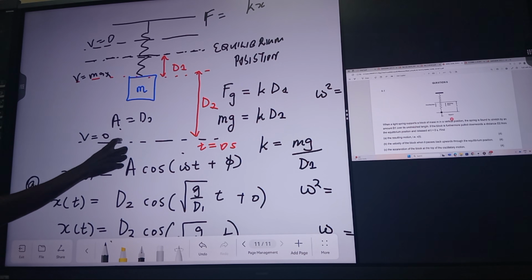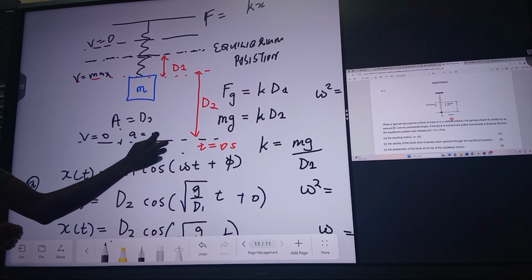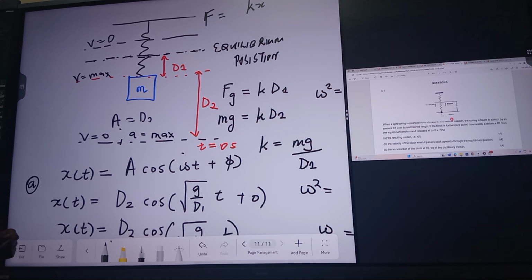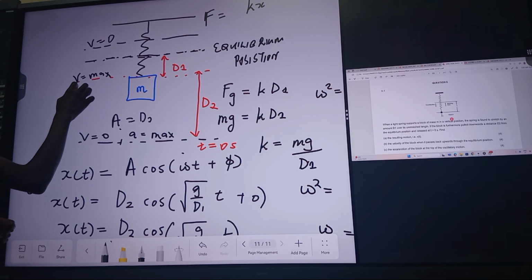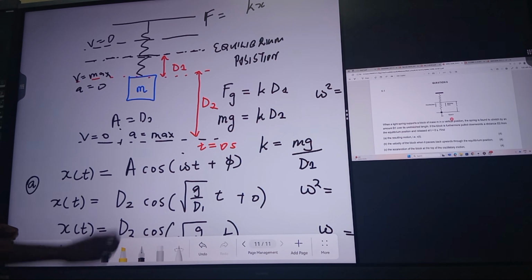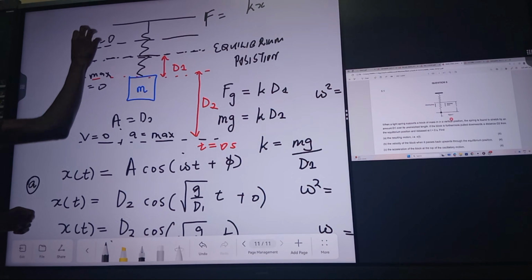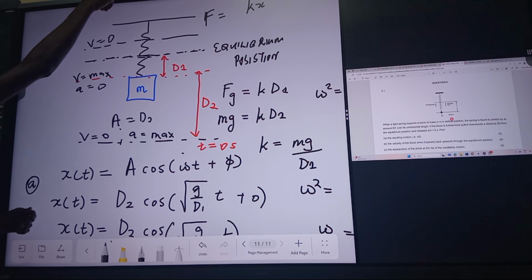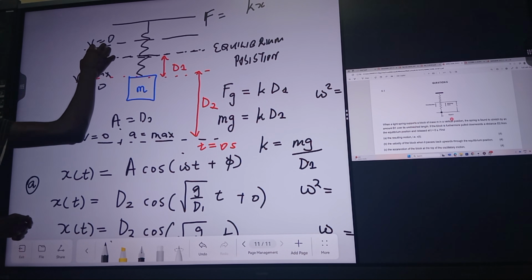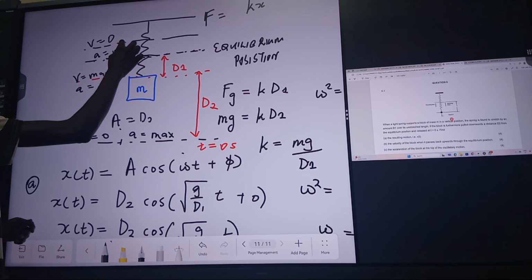What about the acceleration? At the maximum position, acceleration is maximum. At the equilibrium position, acceleration is 0. And at the other maximum position in the other direction, acceleration is maximum.